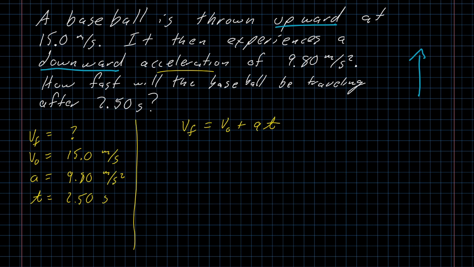We can either define upward to be positive or downward to be positive. I think the normal convention is that upward is positive, but that's not always going to be useful. But as soon as we've made that decision, that means that A, which is downward, has to be a negative number. Now we have everything we need. We can plug all of this into the formula.